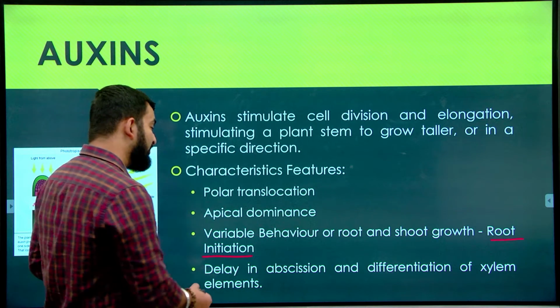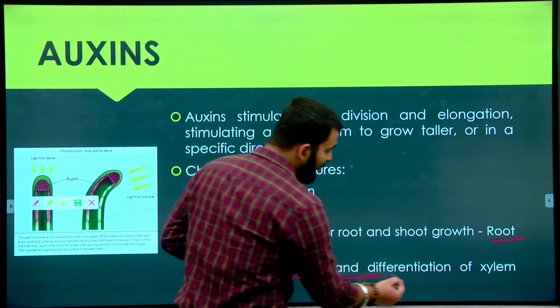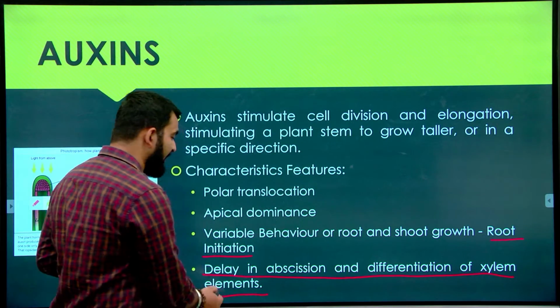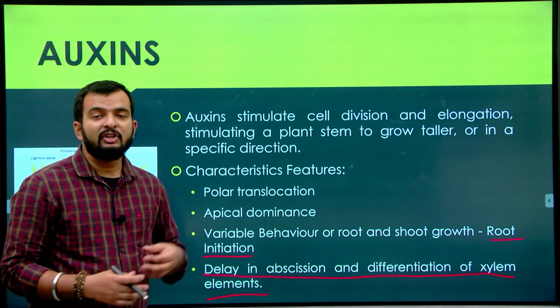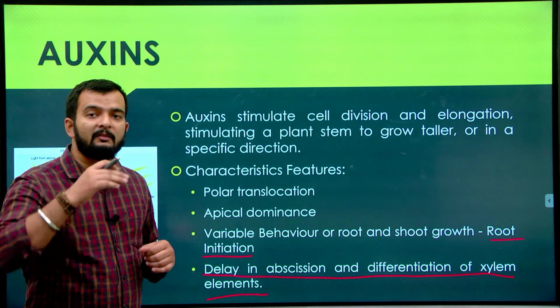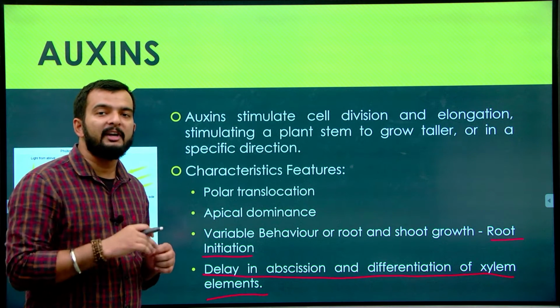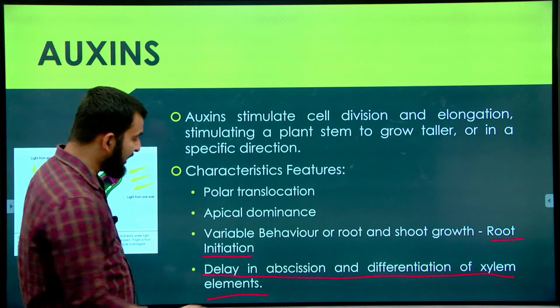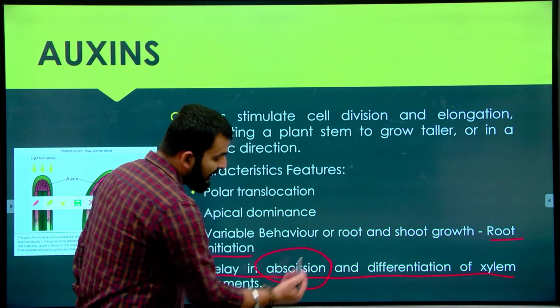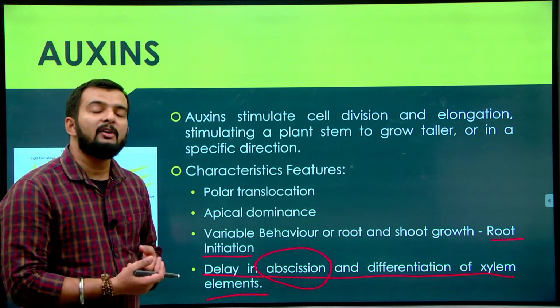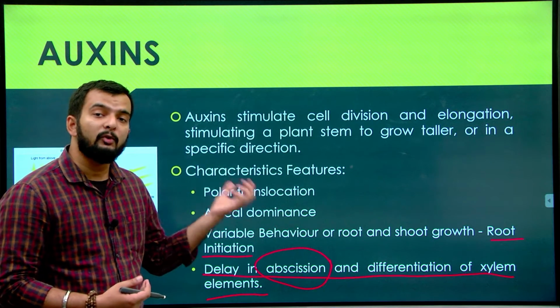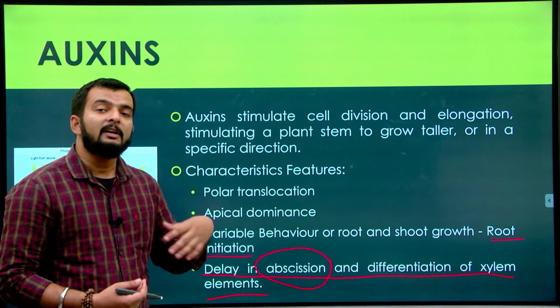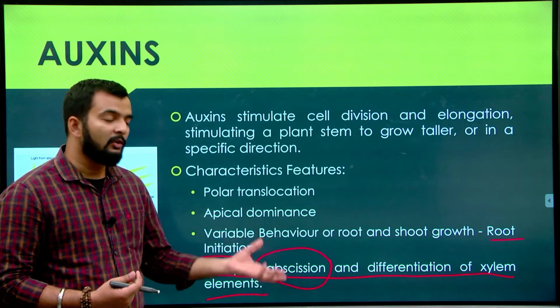Then there is delay in abscission and differentiation of xylem elements. The abscission you have studied under ripening: as the fruit ripens, an abscission point is formed and starts to dry out. Auxin delays that abscission phenomenon, so that there is a more regular supply of nutrients and food material to the fruit. Maturity will not be reached so early.